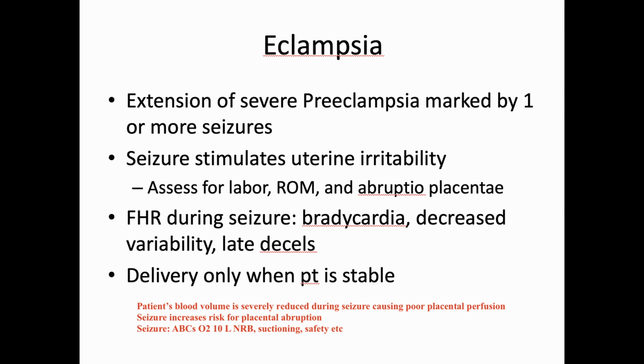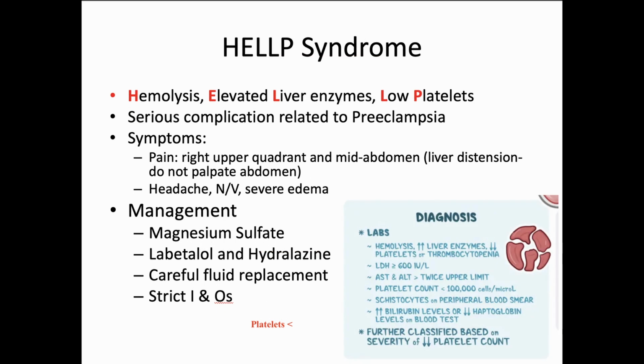So one thing that is related to preeclampsia is HELLP syndrome, right? HELLP syndrome is hemolysis, elevated liver enzyme, low platelets, right? That's what the HELLP stands for. So it's a serious complication related to preeclampsia, usually severe preeclampsia.